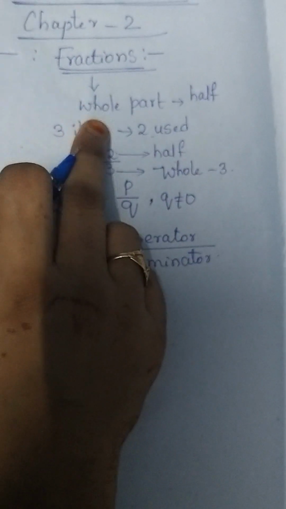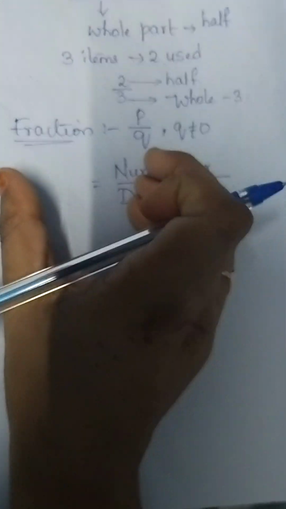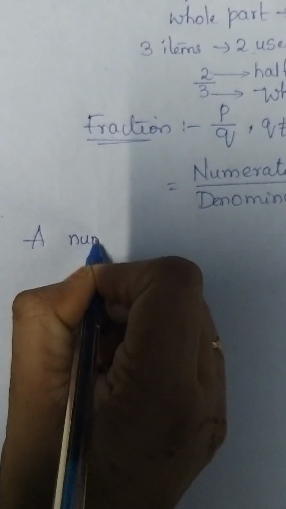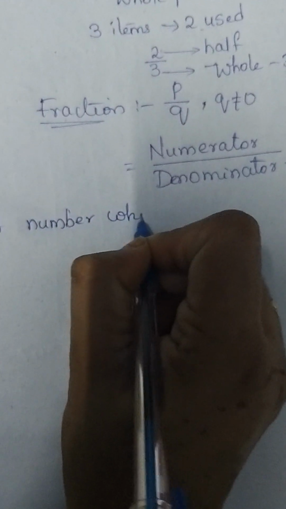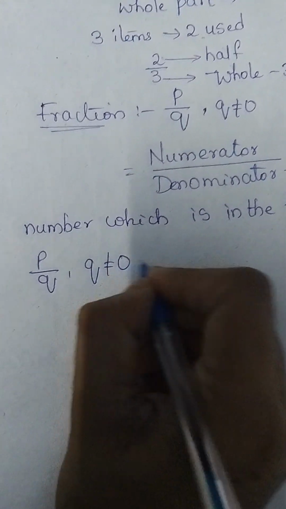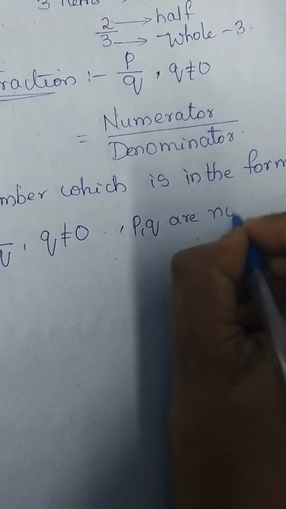I told you with this example, which you can understand easily, but you have to be able to say what a fraction is. Simply in words, a number in the form p by q is a fraction, where q is always not equal to 0 and p and q are non-negative.